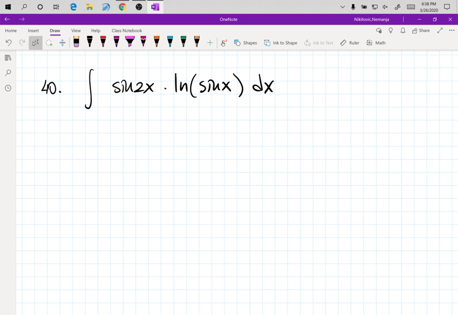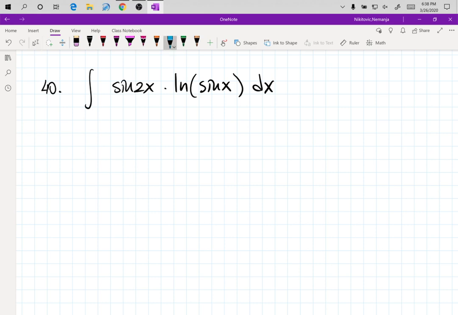Integration by parts. Can we use integration by parts here? We have to integrate. I'm intrigued. Actually, I want to try. That's not what I had in mind, but I want to try. Maybe we can use integration by parts.